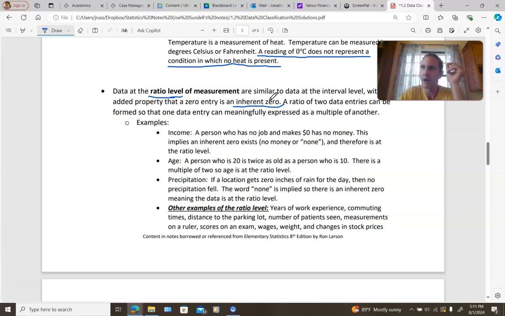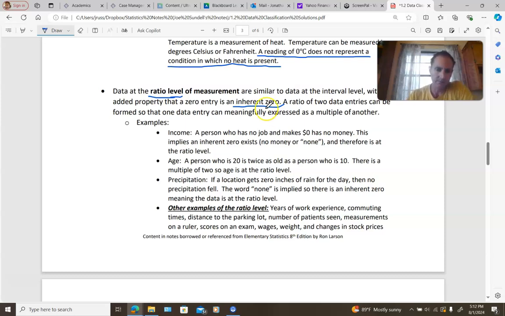You can say that one household's income is 3 times as much as that other household, okay? And again, there's an inherent zero, because a value of 0 would mean no income, a lack of money, essentially.